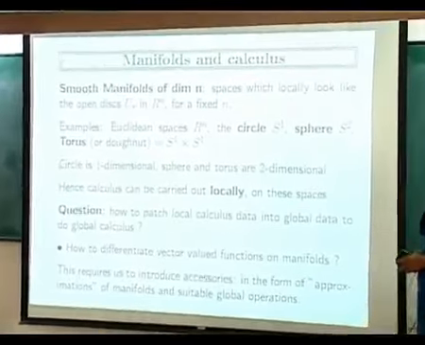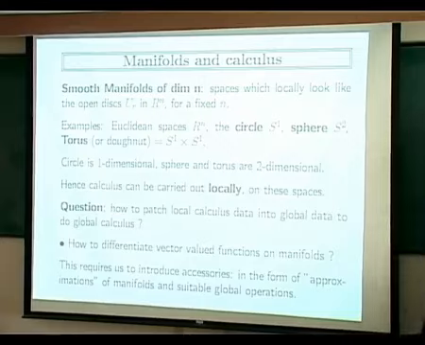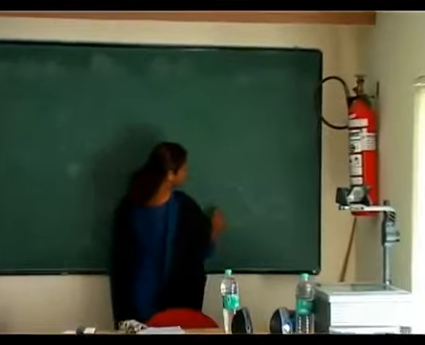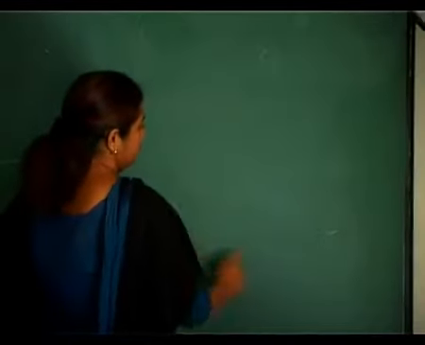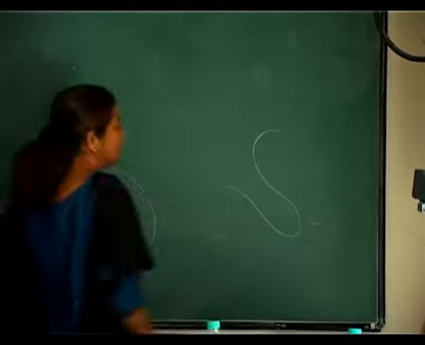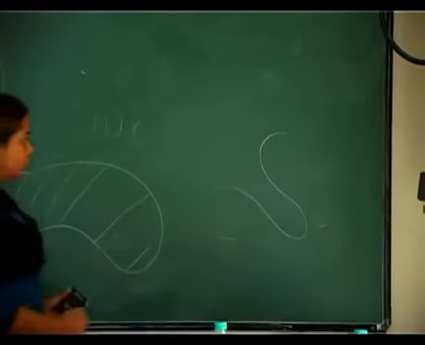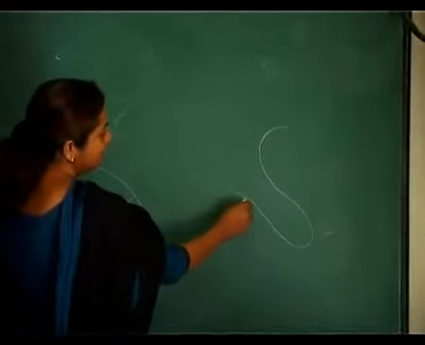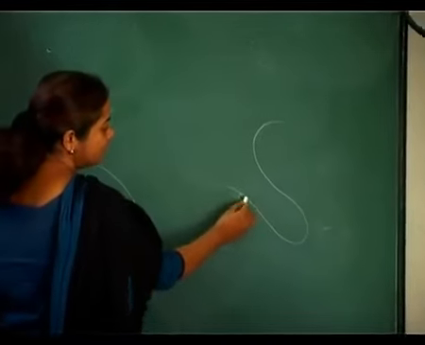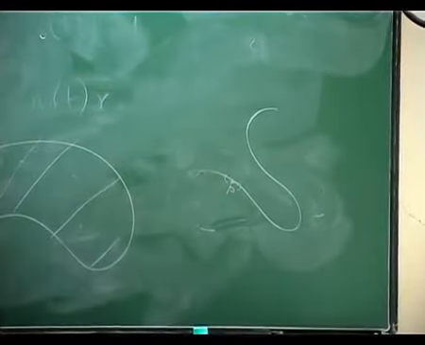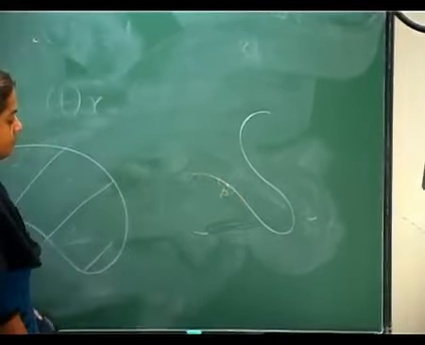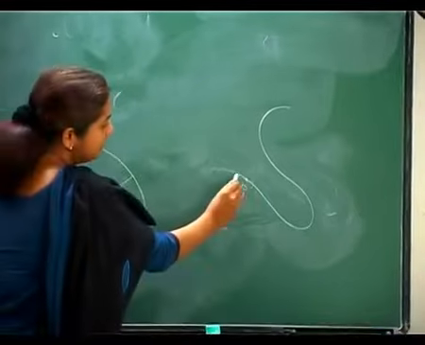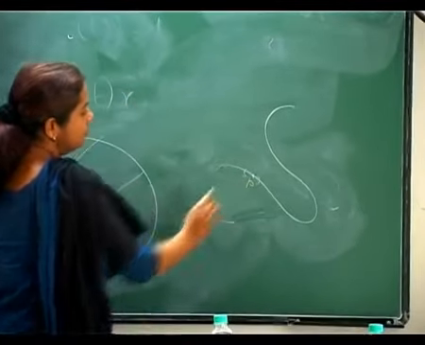For example, if I take a topological space which looks something like this, here also you will see that if you take any point P, it has some open neighborhood which looks like an open arc.